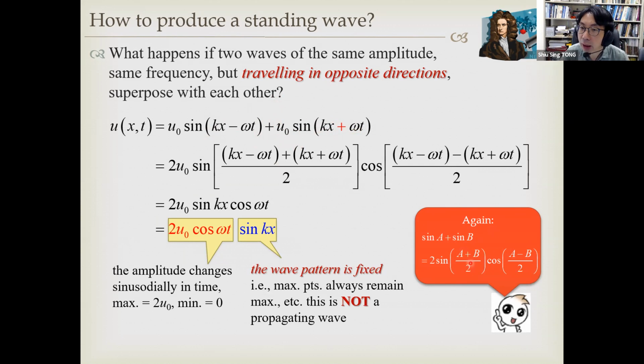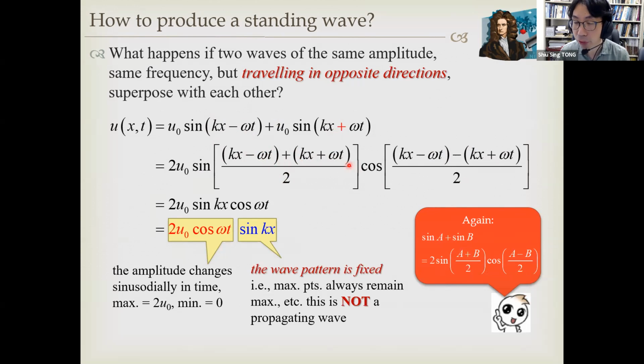Now the formula tells me that if I have sine A added to sine B, then I have 2 sine of (A plus B) over 2 times cosine of (A minus B) over 2. So this is my A, this is my B, right? This is A plus B over 2 for the sine, and A minus B over 2 is for the cosine. Now you immediately see that for the sine factor, you don't have the omega t.